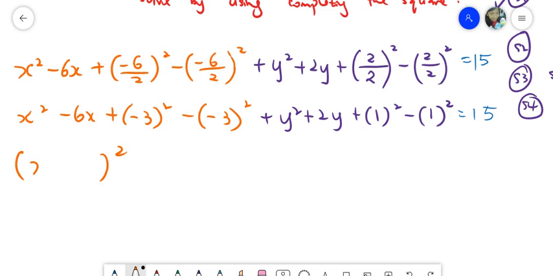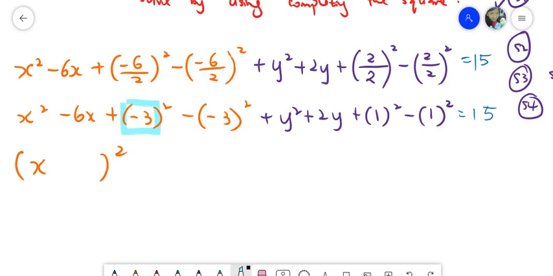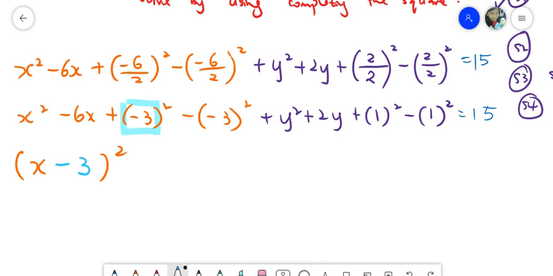This is with x. I purposely highlight here. So the one that you have is negative 3. So you will have minus 3 here.